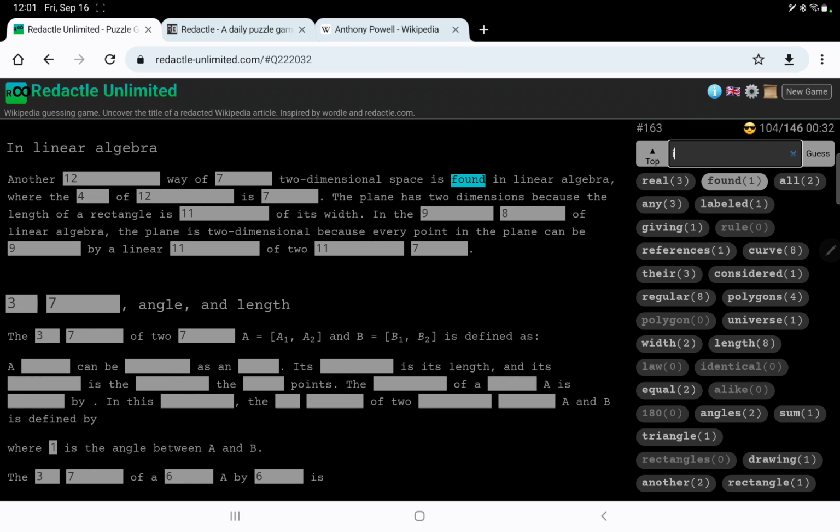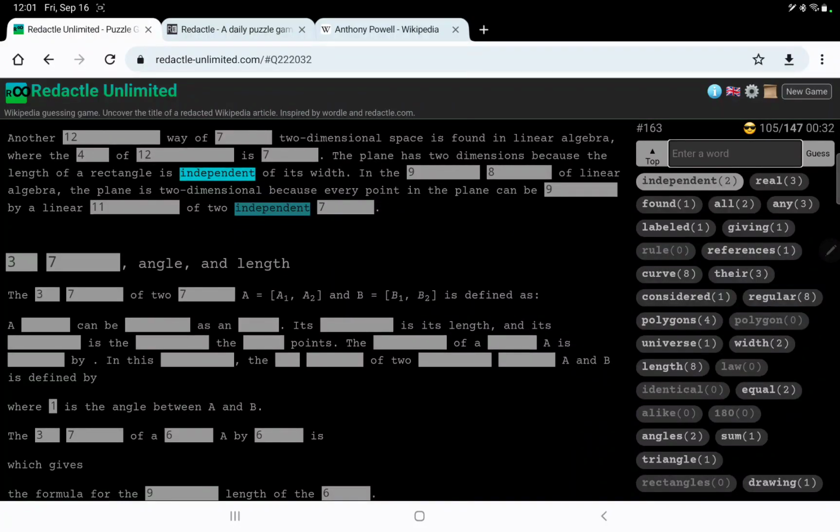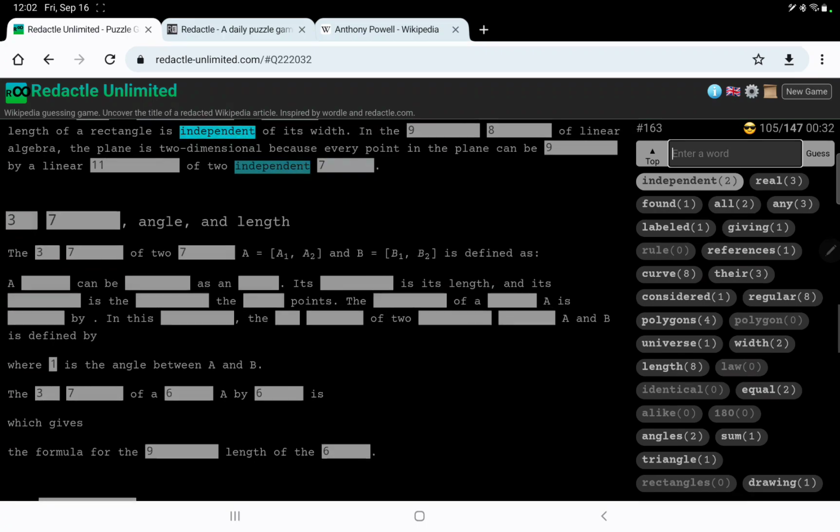Oh, length of a rectangle is independent of its width. In the something something. Two independent 7. Not getting this.